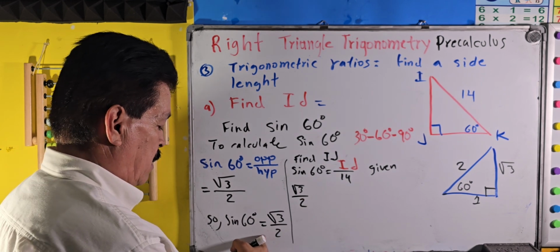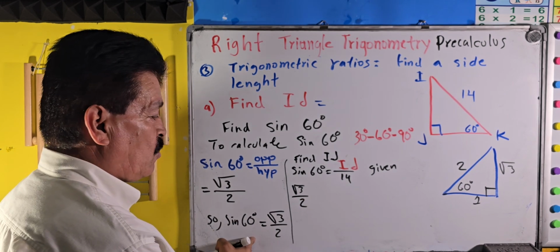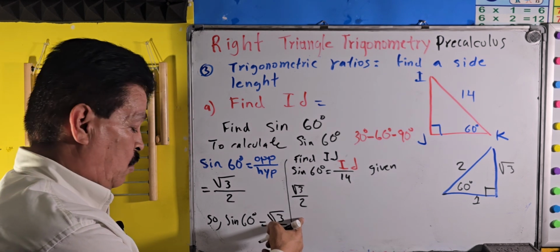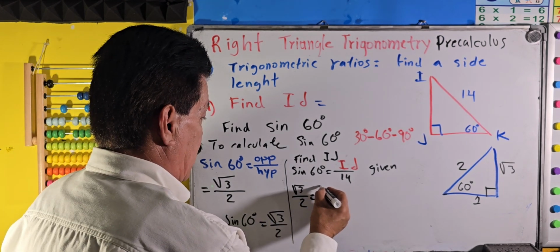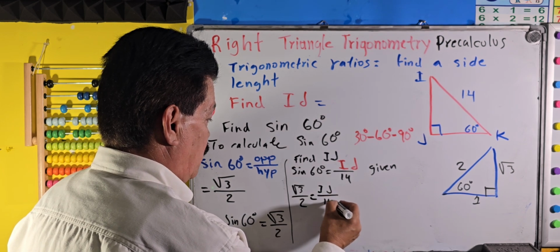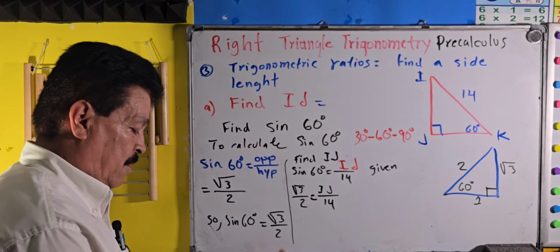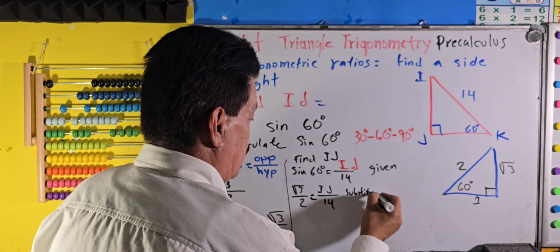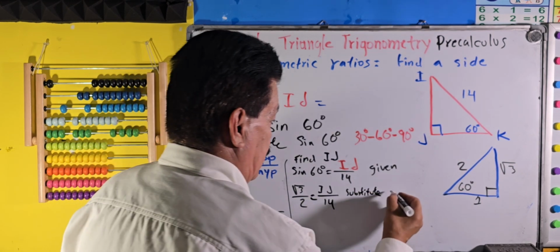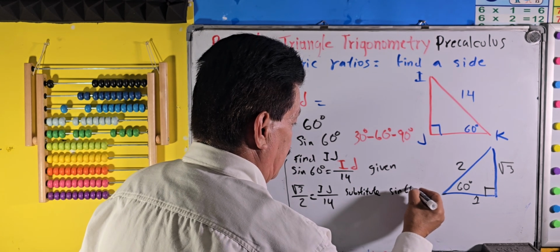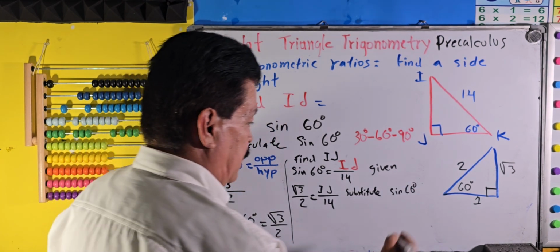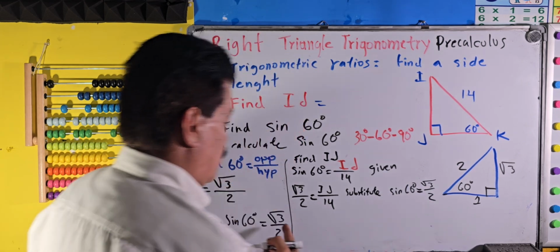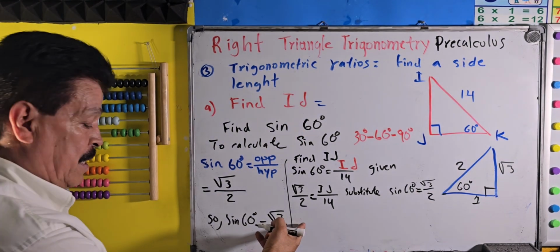We substitute the sine of 60 with square root 3 divided by 2, which equals IJ divided by 14. Got it? Okay.